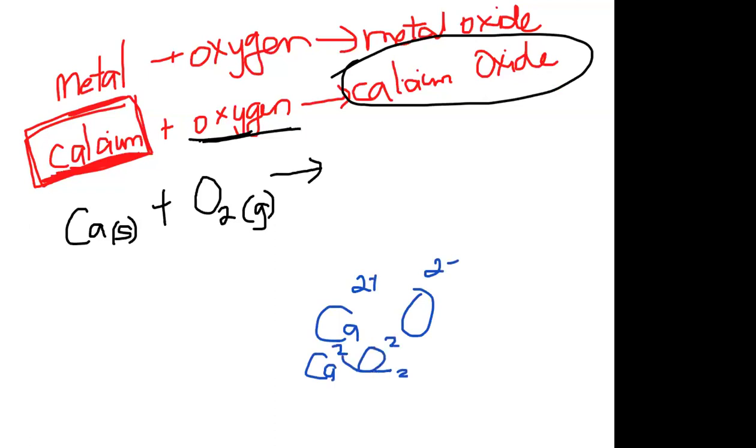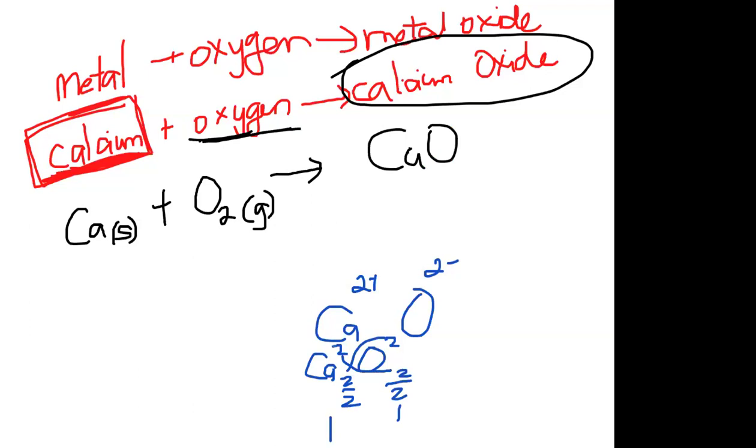Switch them. This becomes this. So I'm not in any rush to get the formula for calcium oxide. I am working it out because if I work it out, I will get it correct. What's my formula now for calcium oxide? CaO. Very good.